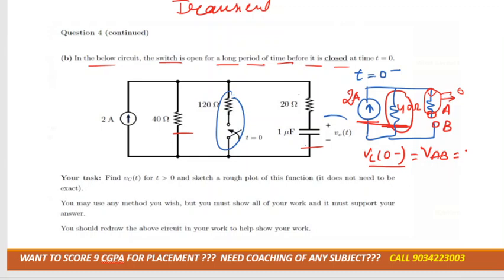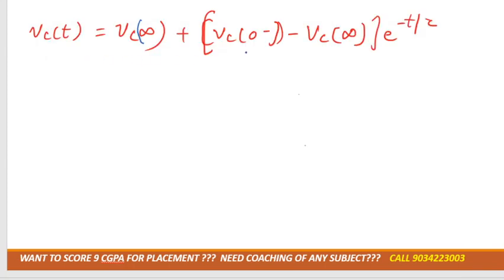Calculate it, the voltage across 40 ohm. Right. So that would be how much? 80 volt, right? Vc of 0 minus, we got it as 80 volts. So we can write down that our first step is completed, that we got Vc of 0 minus as 80 volts, correct?